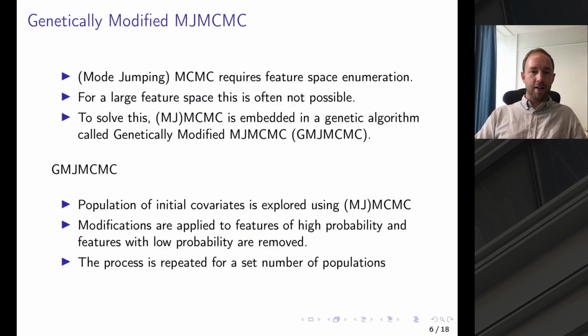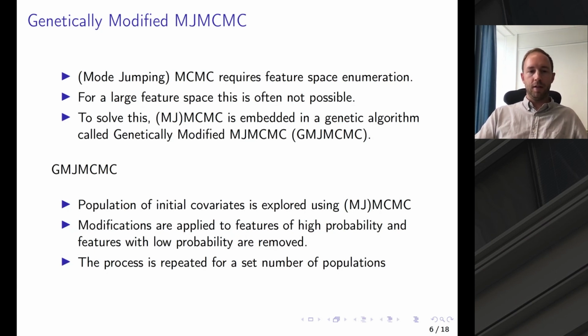And this algorithm works by first considering the population of just the covariates. And this population is explored. So we go to different models and evaluate them. And this population is explored using MCMC.